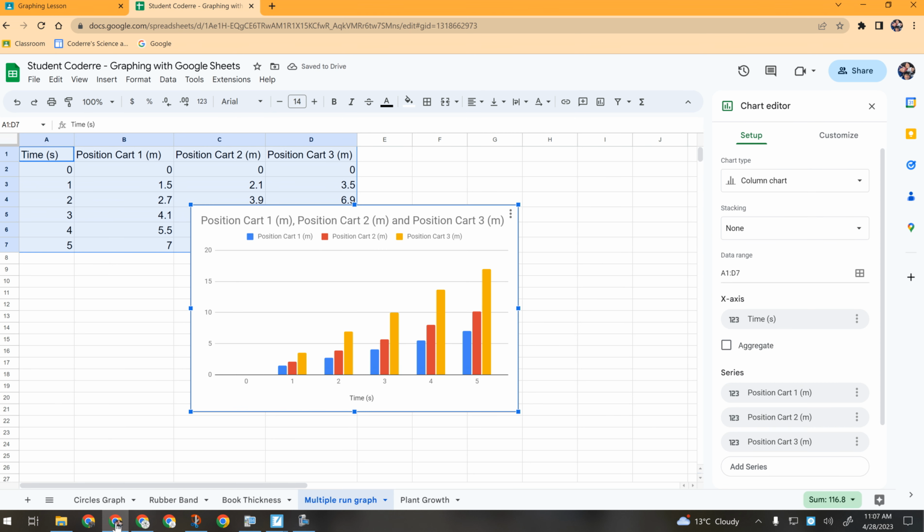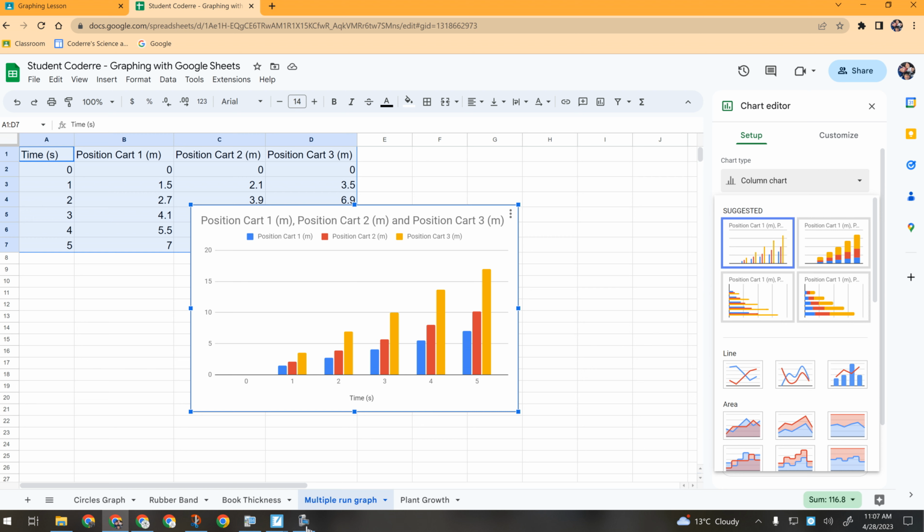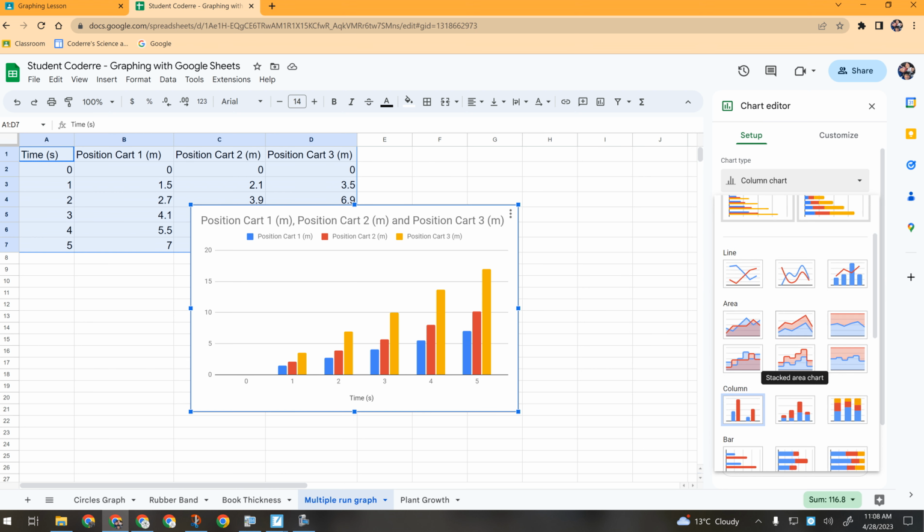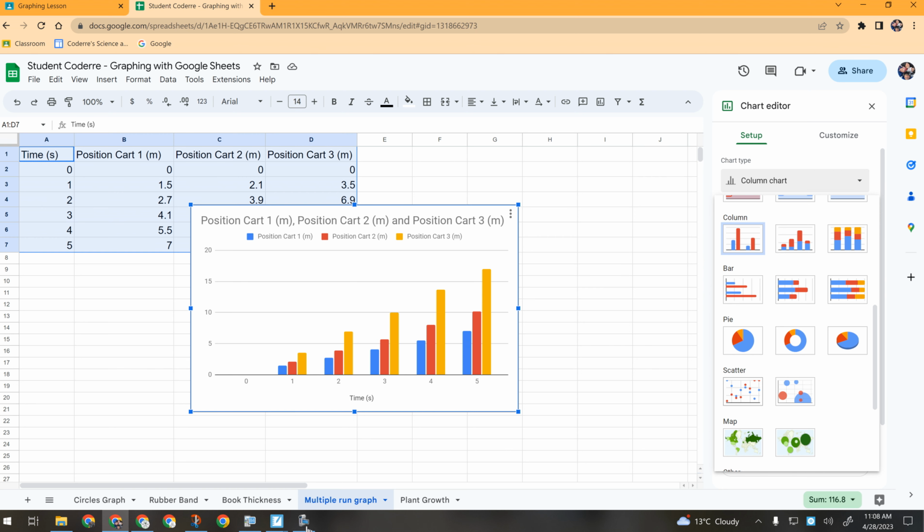Except, what did it do? Did it pick the right kind of graph? Okay, what do I do now? Yeah, I gotta change it. So I gotta go over here to setup, click where it says column chart, and scroll down to what kind? Scatter. Click on scatter.